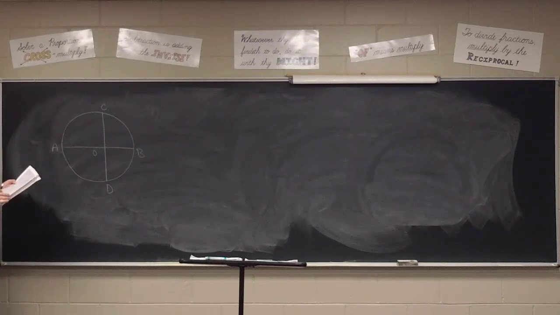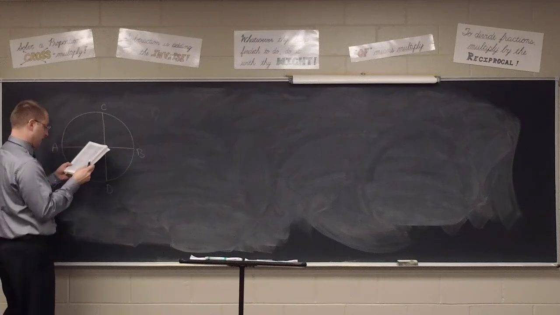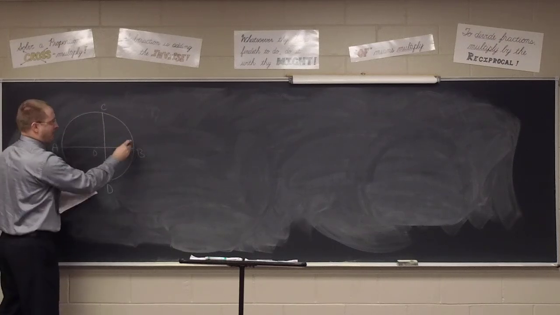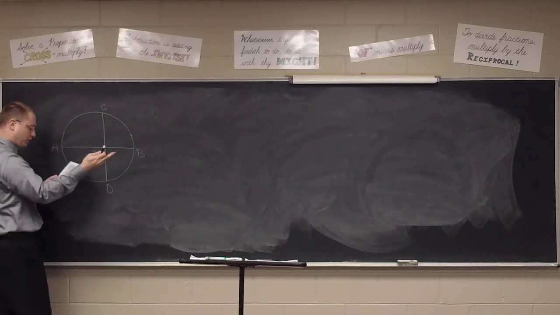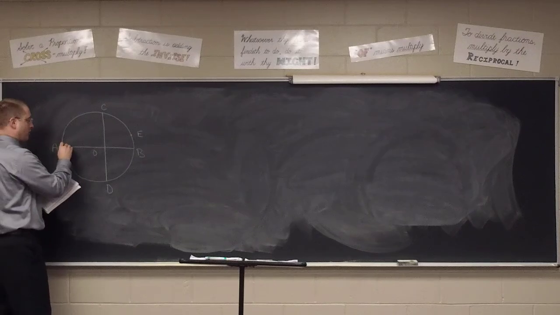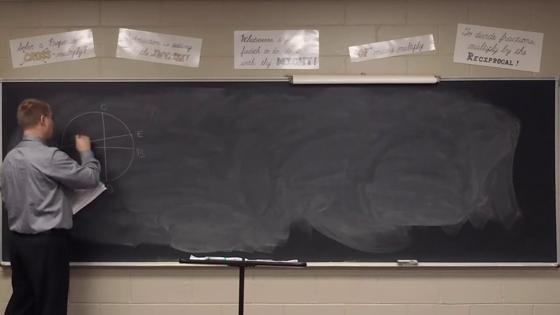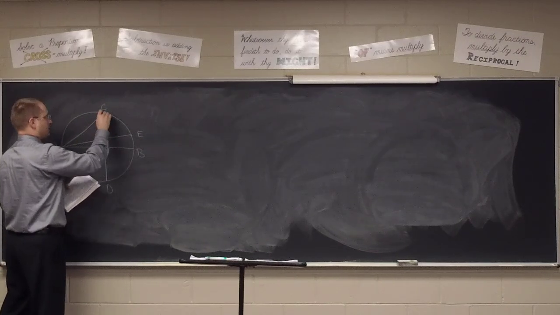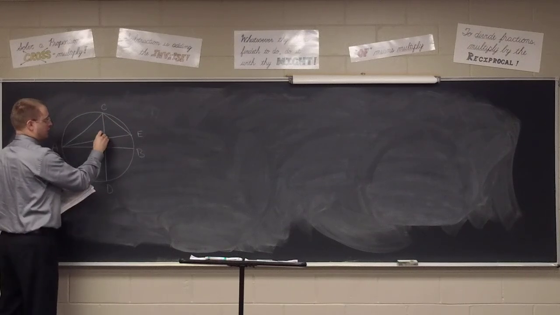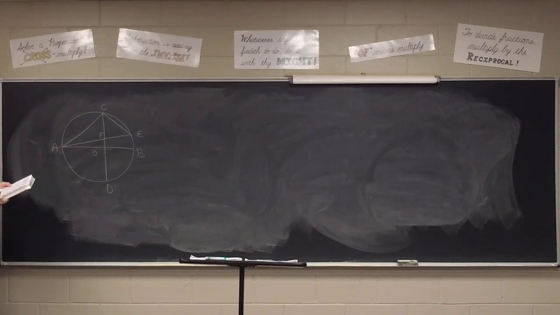If not, I don't think you could have done the proof at all. You had to get that clang. You were given any random point in arc CB. They happen to pick a point closer to B, but it really could have been anywhere. Point E. They had a chord drawn from A to E, A to C, C to E, and they called this point of intersection F. All right, so there's our picture.